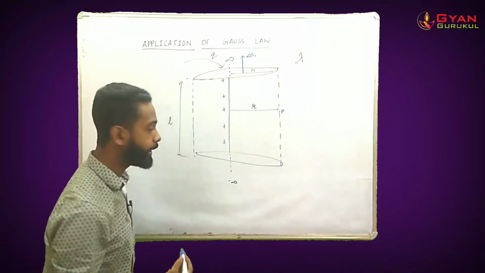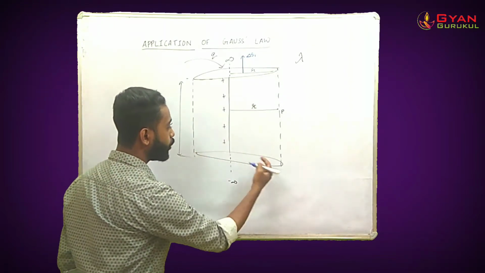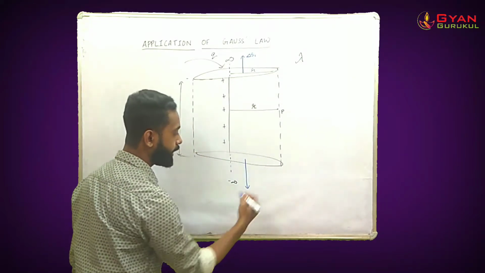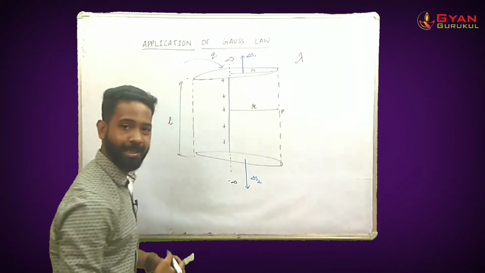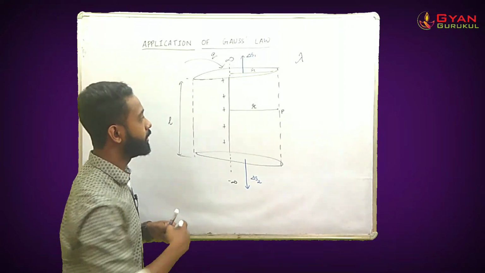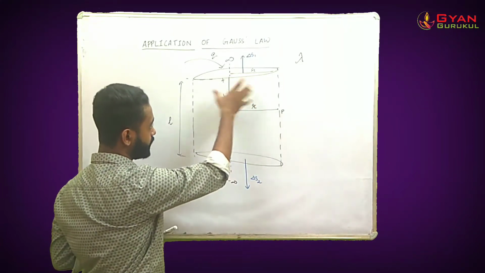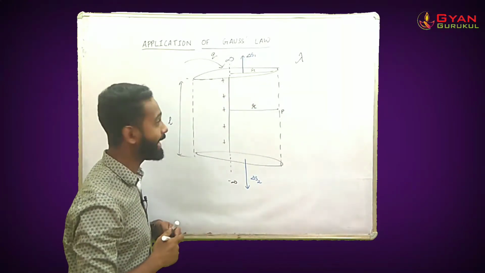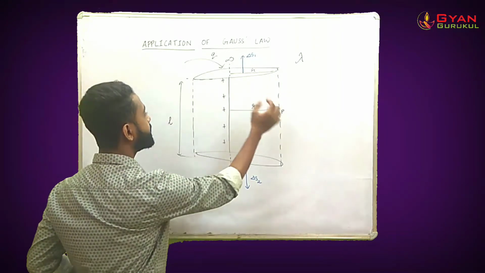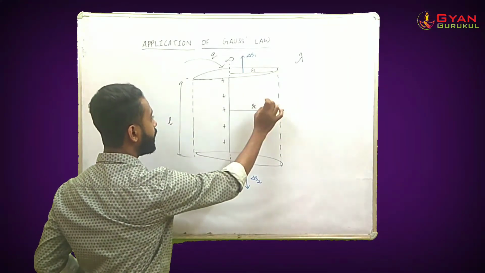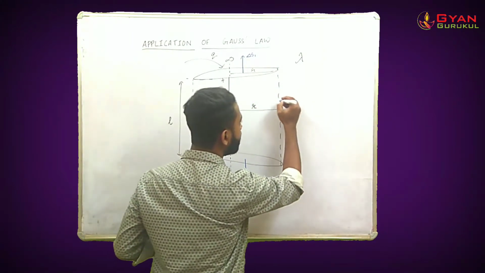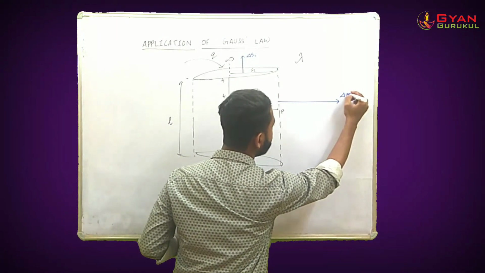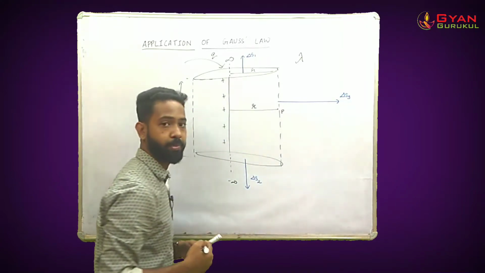The direction of the area vector for the lower circular surface would be downward. That would be delta S2. And let the area vector for the curved surface be represented by delta S3. For the curved surface, the area vector along this surface would be directed in this direction. So let me take it as delta S3.